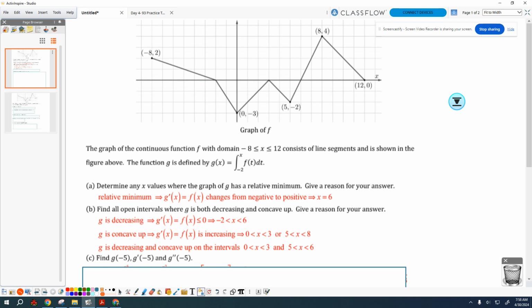Fiona, how do I do g of -5? That would be like, you have to use the integral. So you have to put in -2 to -5, which would be the area under the curve from -2, -3, -4, -5.